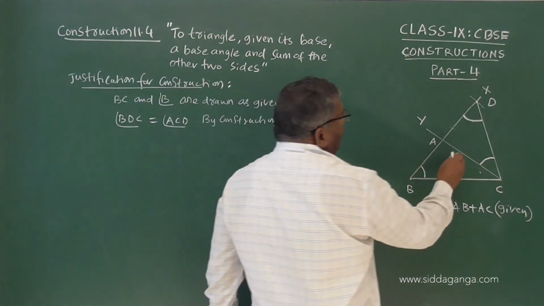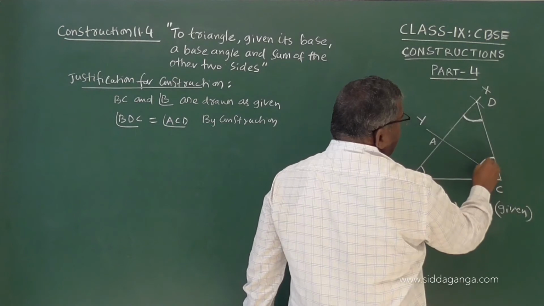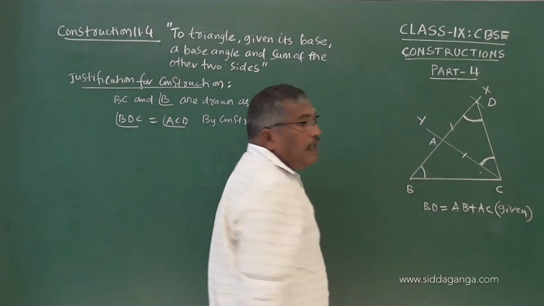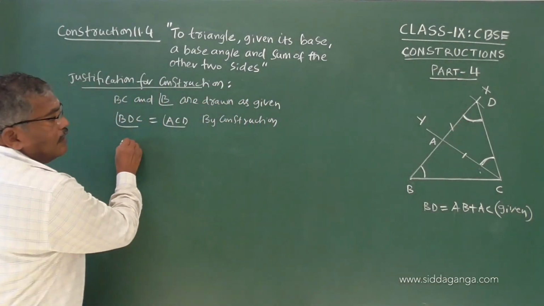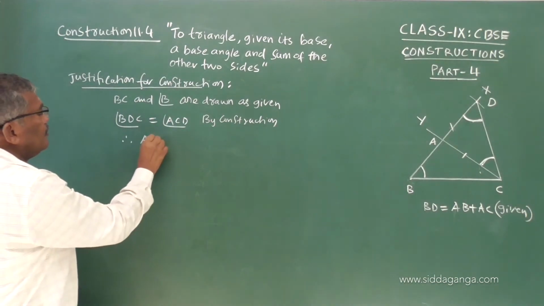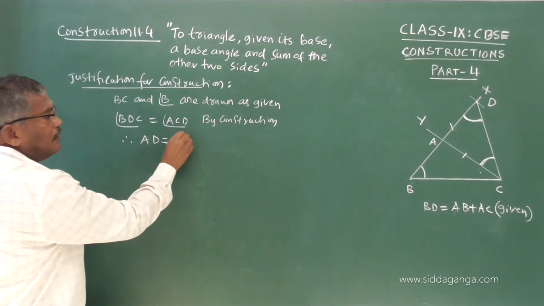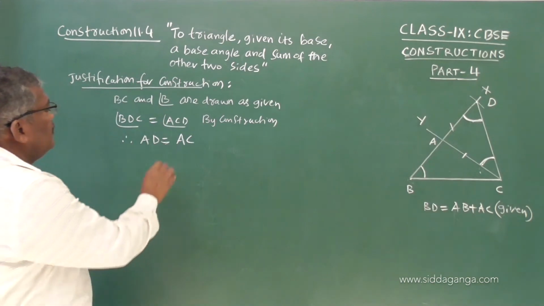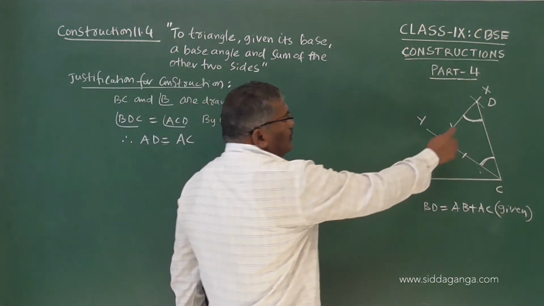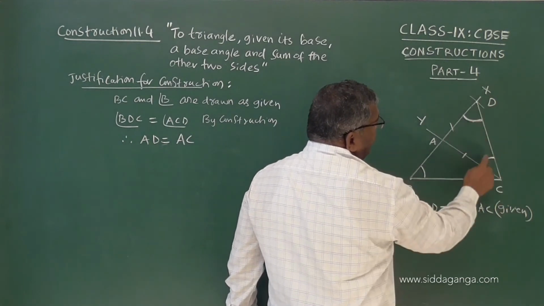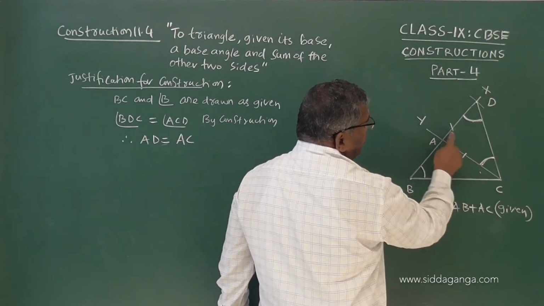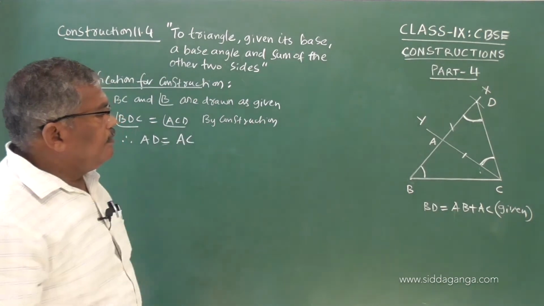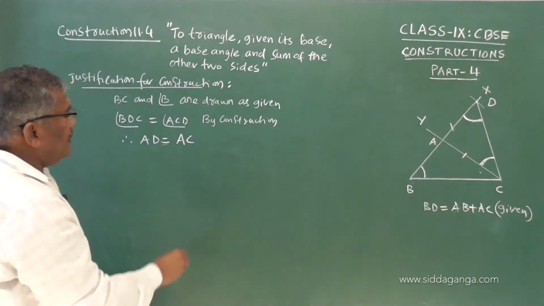So this angle is equal to this angle. In this triangle ACD, these two angles are equal. So, therefore, opposite sides are equal. Because this is an isosceles triangle, AD equals AC. Now, you observe the figure.